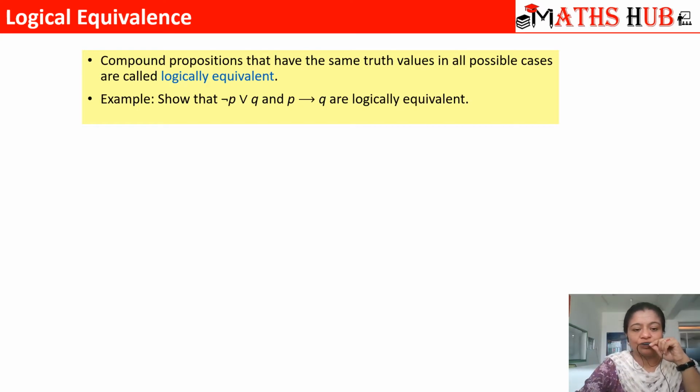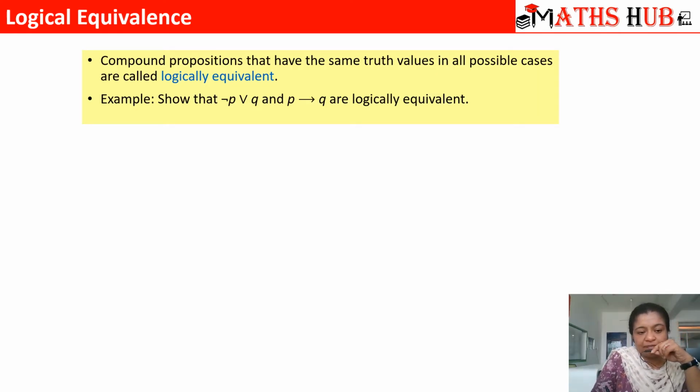So we need to show that negation P or Q and P implies Q are logically equivalent. Now, how do we prove this? We can prove this with the help of truth tables, right? So this is one statement and this is the other statement. We will not prepare two different truth tables; we will prepare both in one truth table only, right?